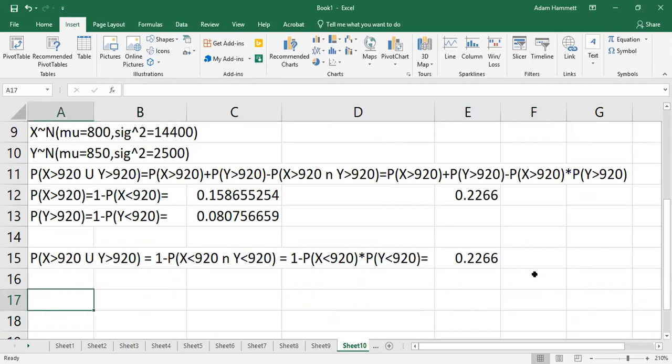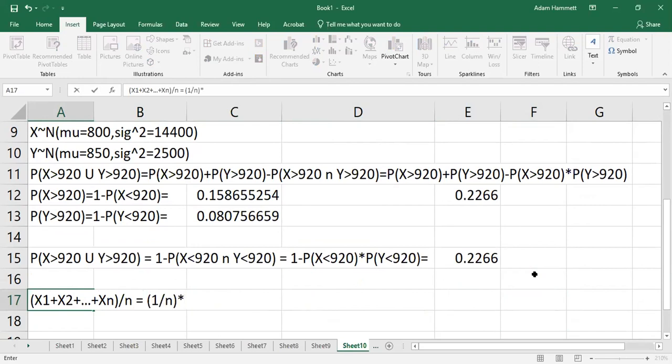So I can write this out right here. Note that if I go X1 plus X2 plus dot dot dot plus Xn, whatever n is, and I divide that by n, that's the same thing as 1 over n times X1 plus X2 plus dot dot dot plus Xn, right?